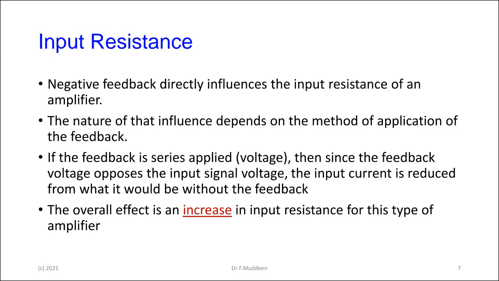Remember, the input current is really the input voltage divided by whatever is the input resistance of the device. So you reduce the input current, so therefore the overall effect is an increase in input resistance for the amplifier, right? If less current is able to go to the amplifier, the effect of that less current in is more resistance being met, if you like.